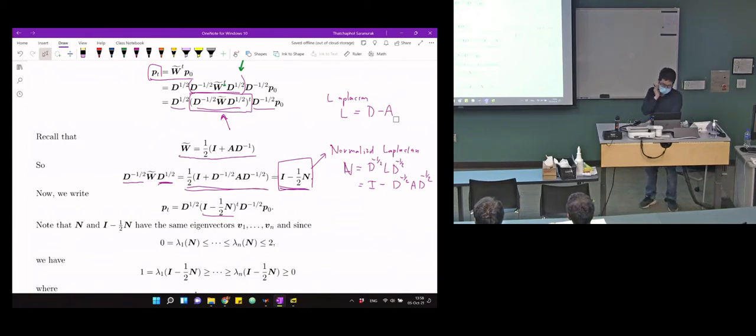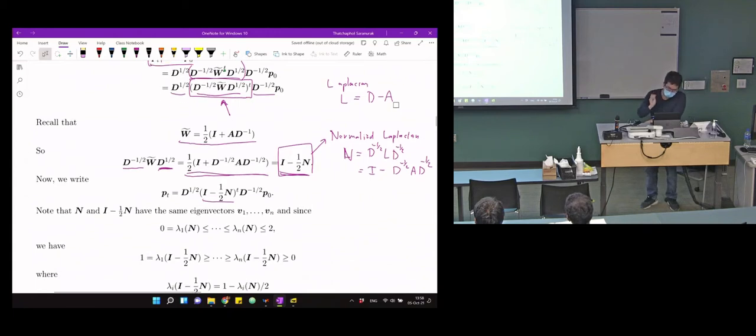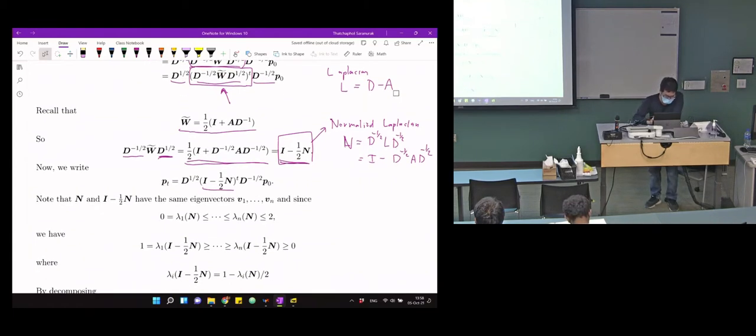Now, note that we know about N, but I minus 1/2 N is kind of the same. First of all, they have the same eigenvectors, right? And we know that the eigenvalues of the normalized Laplacian are between 0 and 2.